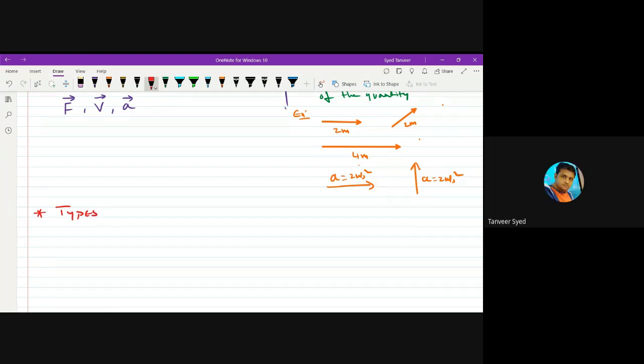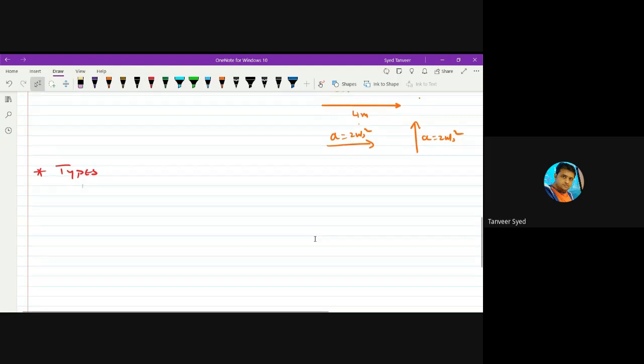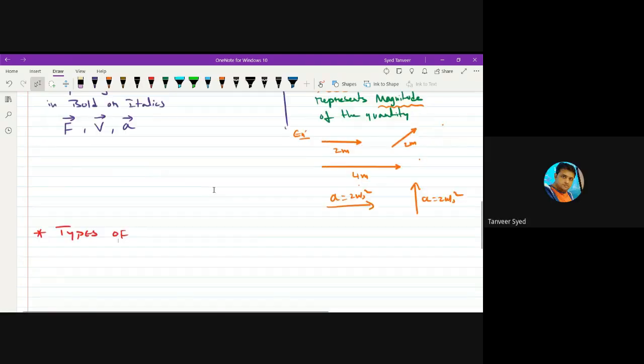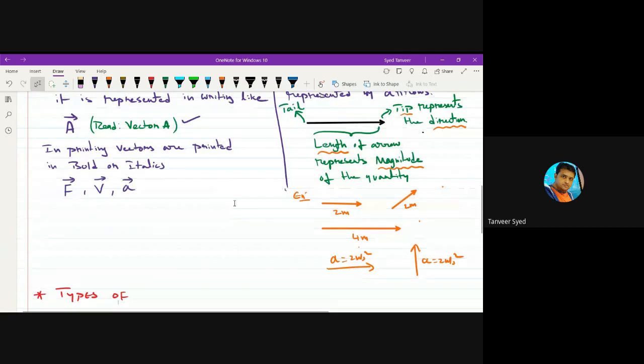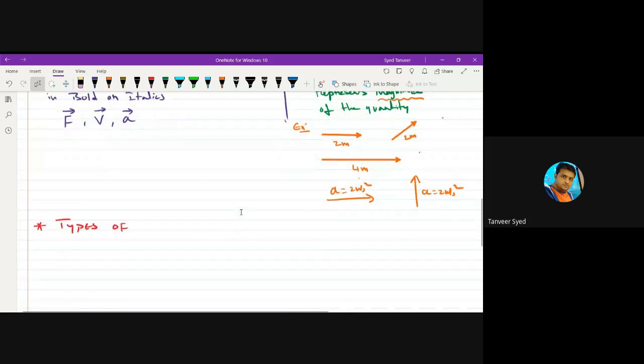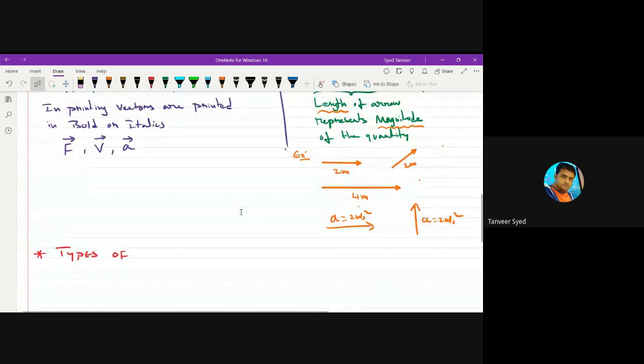So what is acceleration? It will take another 7-8 more classes to understand what is acceleration. Whatever I am telling here, whatever I am writing here, we will go into details of each and everything slowly, not at once. Because to understand acceleration, you should first know what is velocity. To understand velocity, you should know what is displacement.